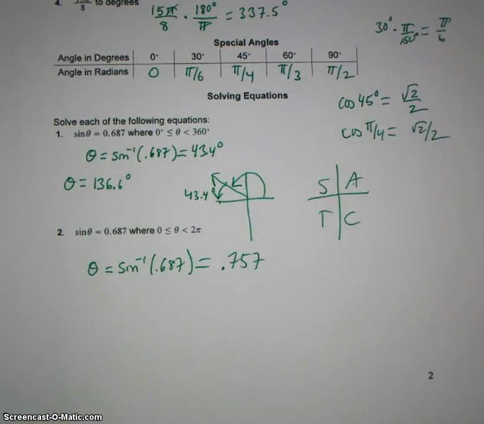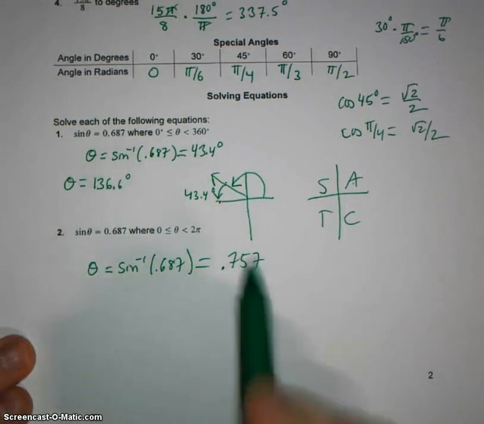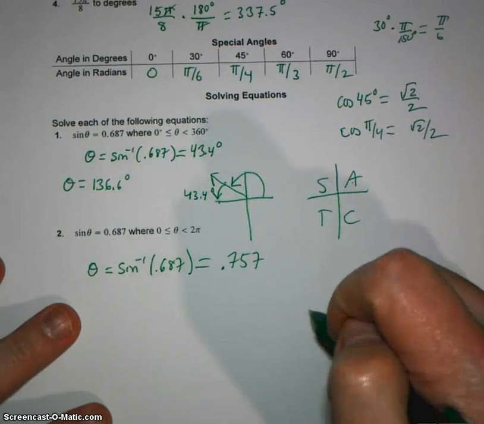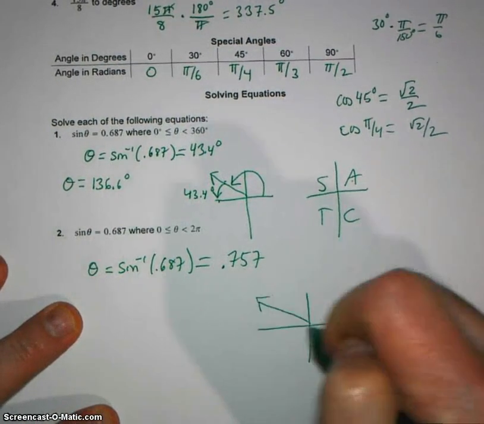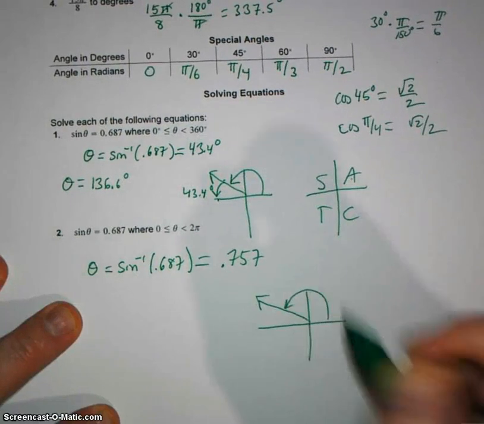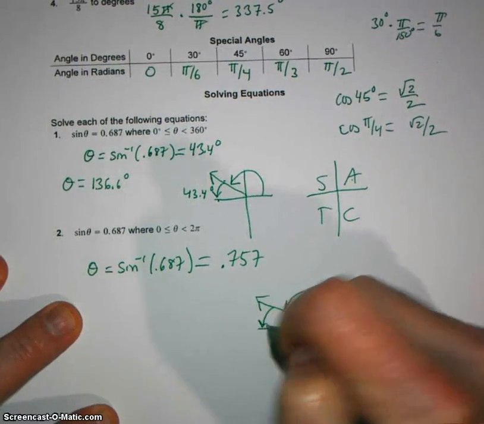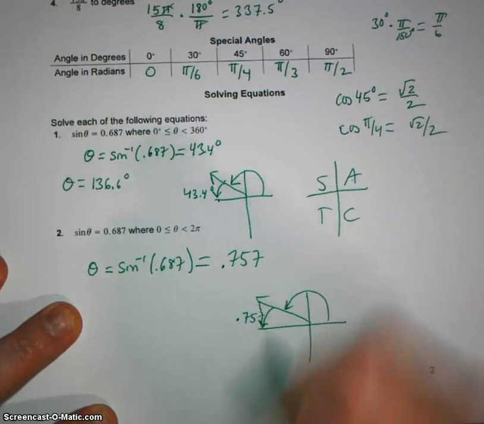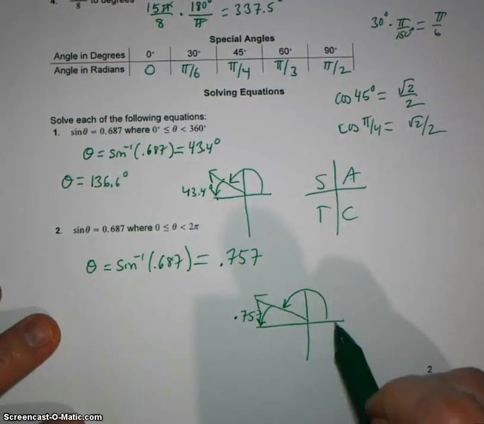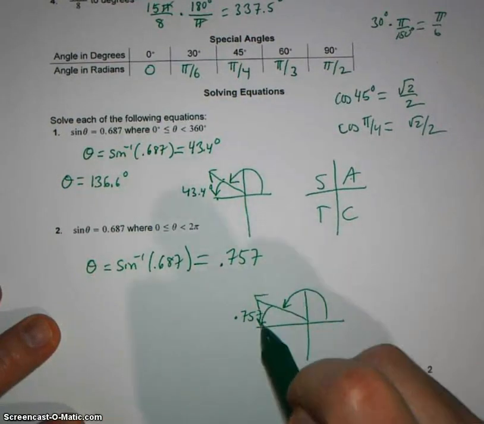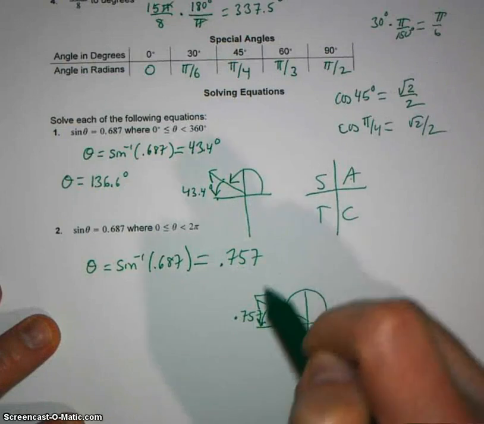That gives me the answer in quadrant 1, just like it did before. Now I got to find the answer in quadrant 2. So what happens now is we're looking for this angle just like we did last time, except our reference angle is now 0.757. And instead of using 180 degrees, we use pi radians. Pi radians, that's halfway around.